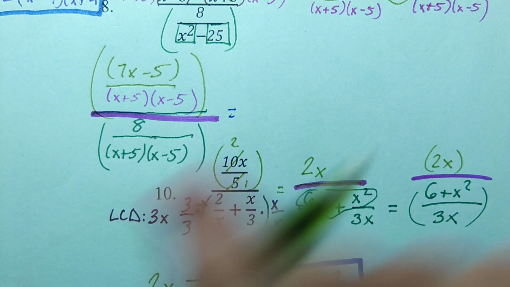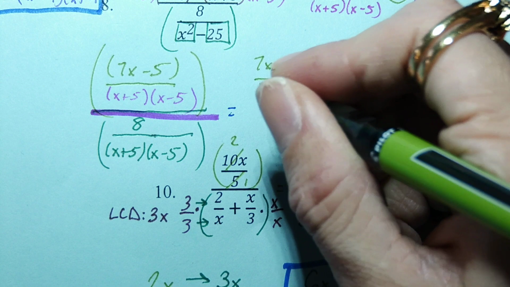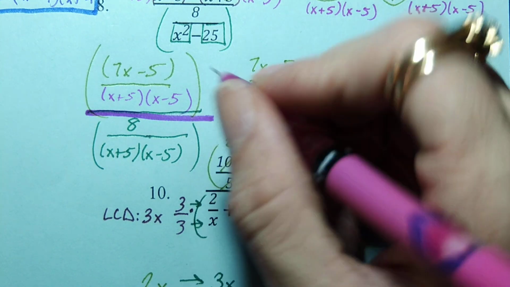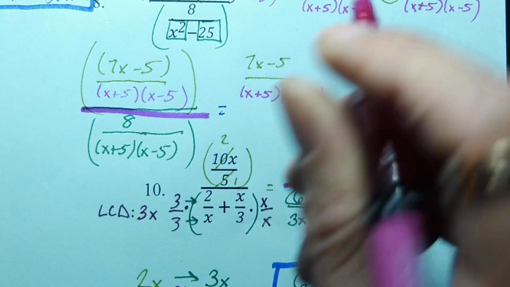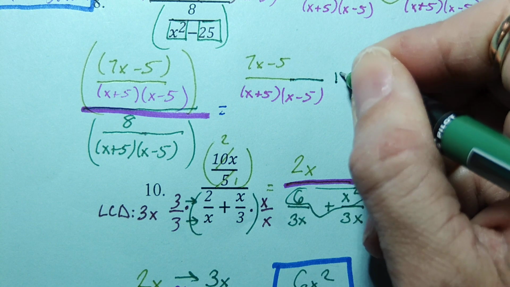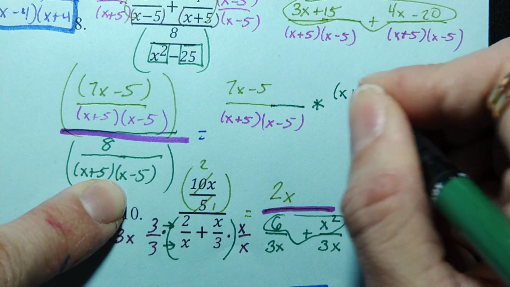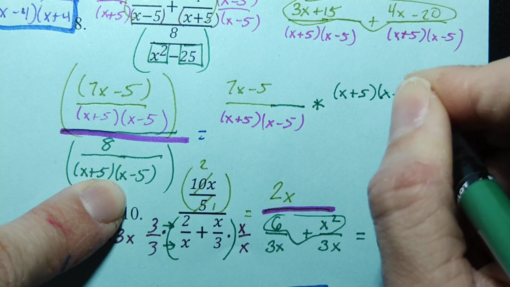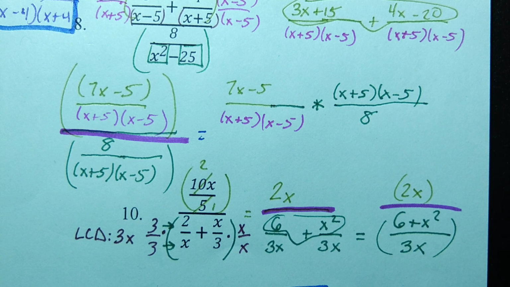So keeping the top, 7x minus 5 over x plus 5, x minus 5. Changing the division to multiplication and then flipping, x plus 5, x minus 5 is now on the top. 8 is now on the bottom.